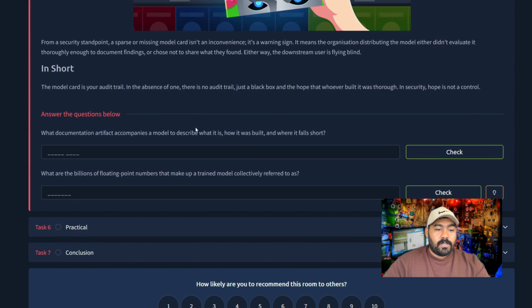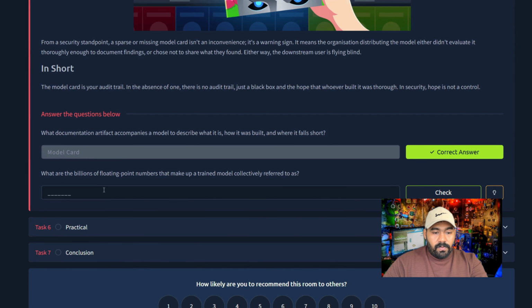Perfect. So let's look into the questions of task number 5. What documentation artifact accompanies a model to describe what it is, how it was built, and where it falls short? That is the one we described: model card. Correct.